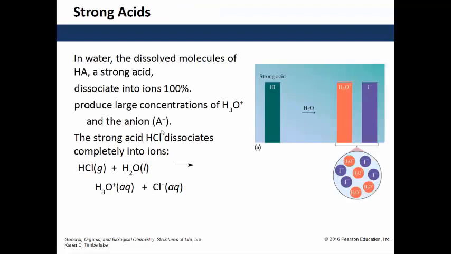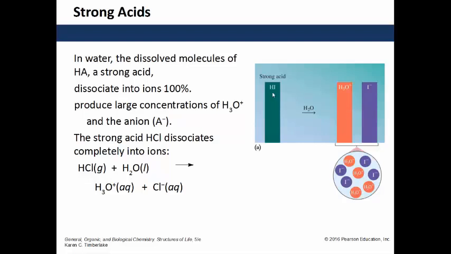Alright, for strong acids in water, the dissolved molecules of a strong acid will break up completely, and you see the letters here, HA. H would be the hydrogen part of the acid, and A is a generic placeholder for the anion. So like we saw on the last page, HCl plus water gives you hydronium ion plus chloride ion. So you get equal splitting here of those two ions.